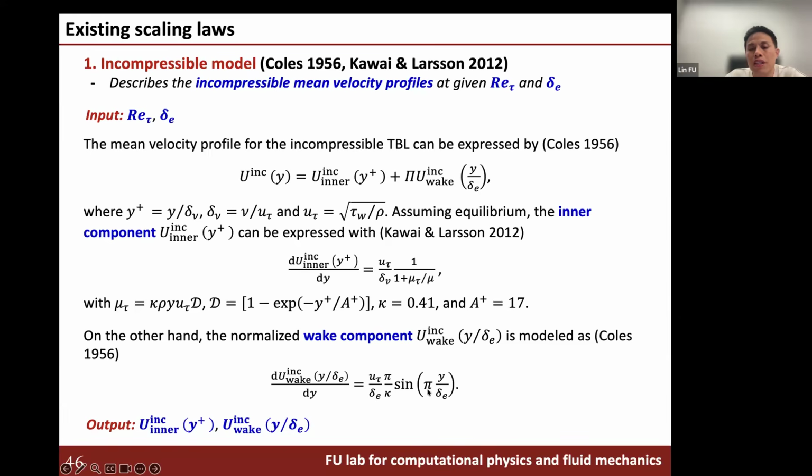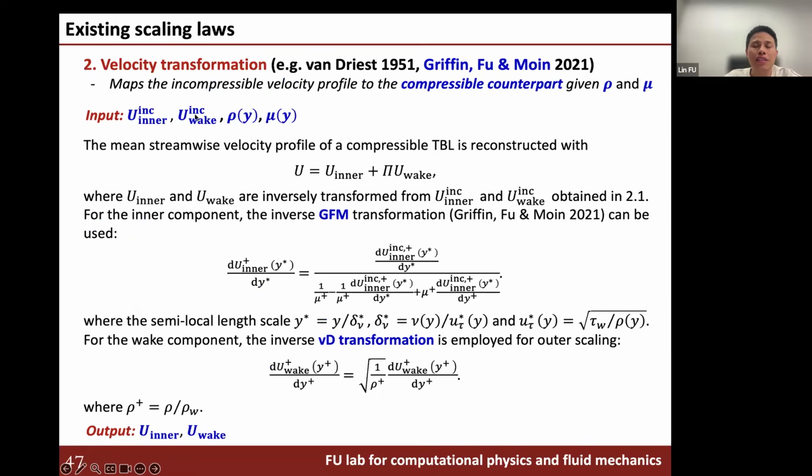For the wake regime, we can use a wake component, which is a sine function. This is from Coles' paper in 1956. The only unknown parameter is Pi, because Pi is related to the Reynolds number. As long as you have the velocity profile of incompressible flow, you can map it to the compressible boundary layer profile by velocity transformation.